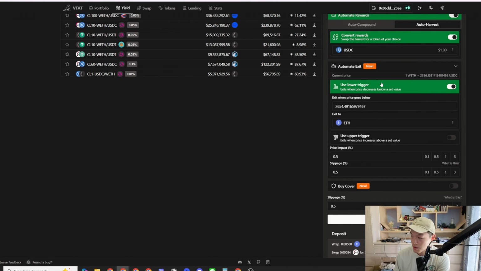If you're using this pool to dollar cost average into Ethereum, for example, then I could set this exit range to be at, let's say, 1,500, where I'm fine with converting whatever USDC I have left into Ethereum. So this tool could be great as well if you're setting an automated exit. Or if you guys are setting a stop loss, you could do this as well.